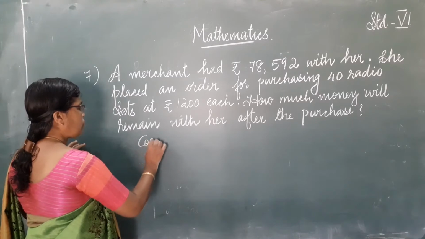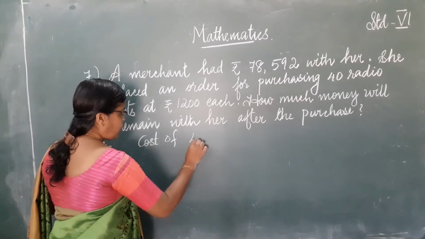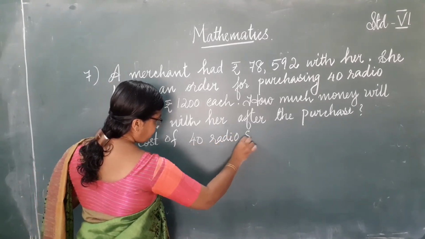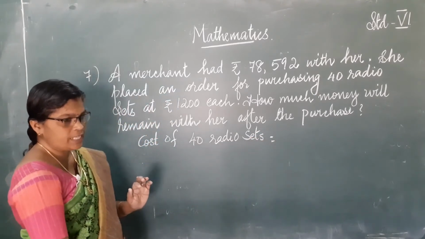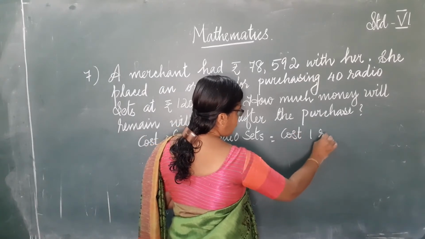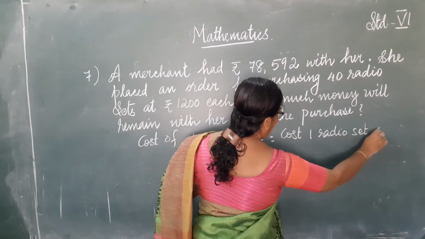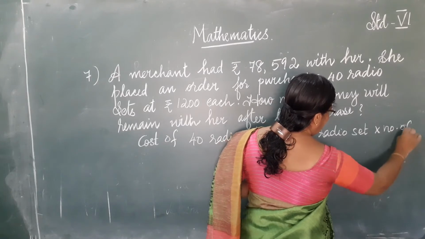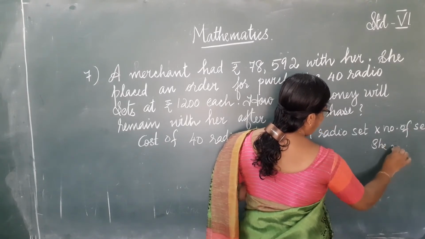So we have to write the cost of 40 radio sets. That is, cost of one radio set into the number of sets she needs.